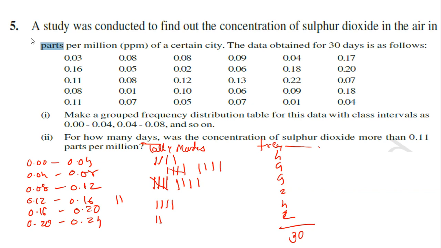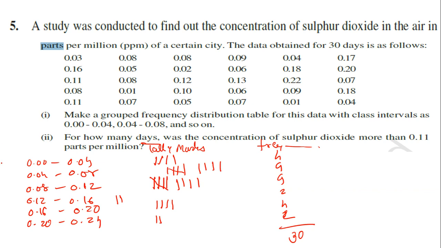How many are more than 0.11? That you have to count. 12 to 16, okay, that is more than 0.11. Tell me how many? Yes, 8 are there. Why?